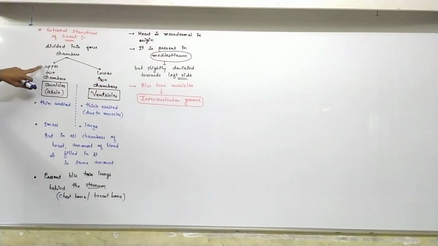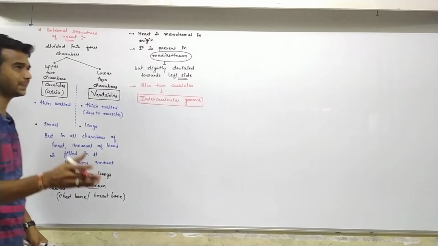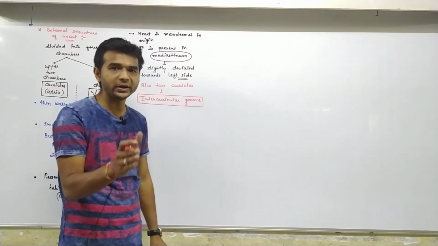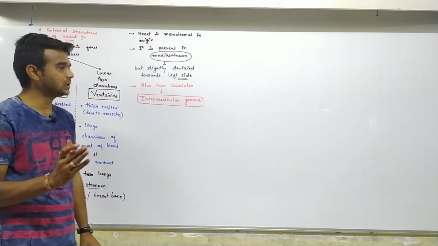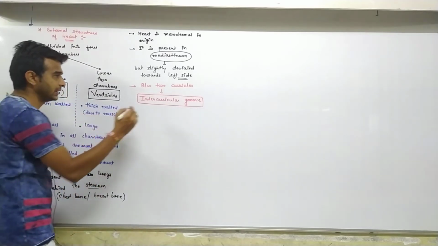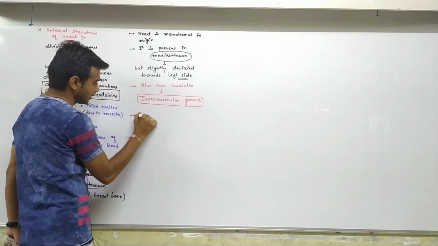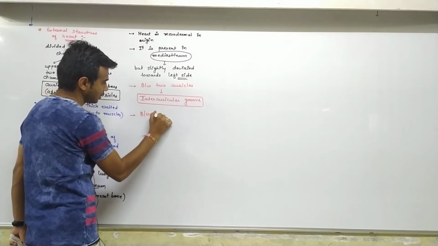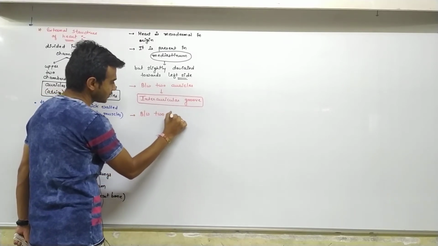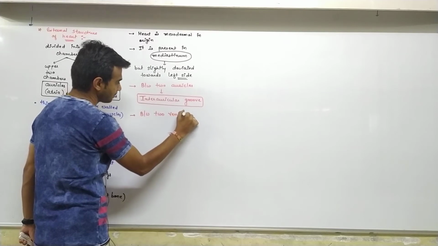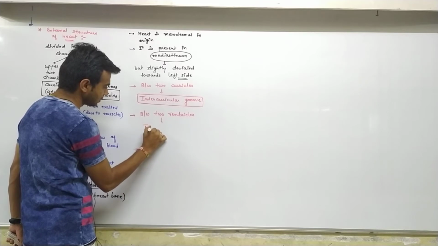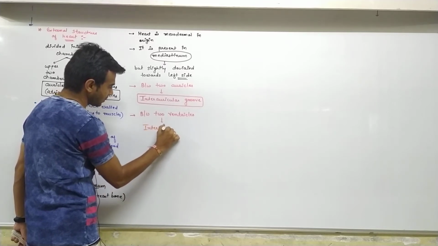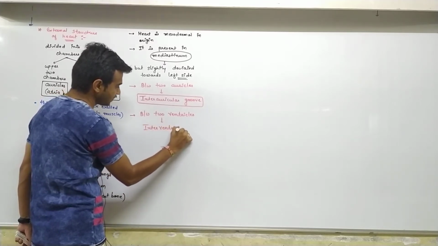Externally, you know that the upper two chambers are known as auricles. So two auricles are separated by the interauricular groove. And in the same way, between the two ventricles the interventricular groove is present.